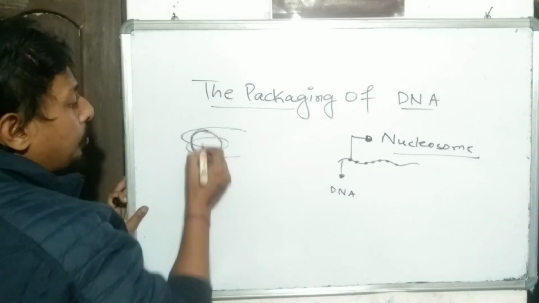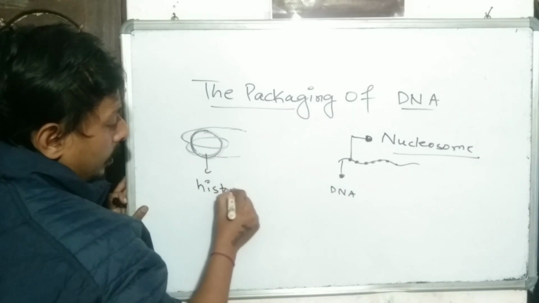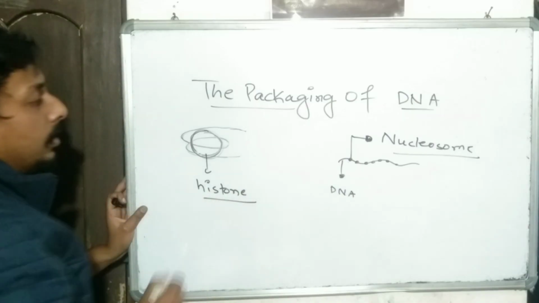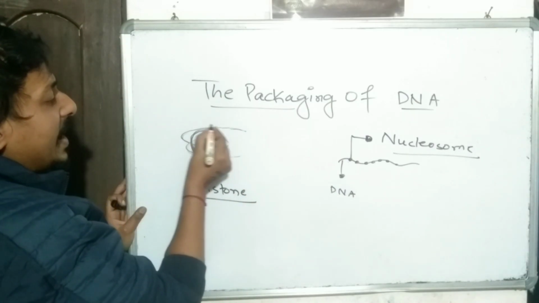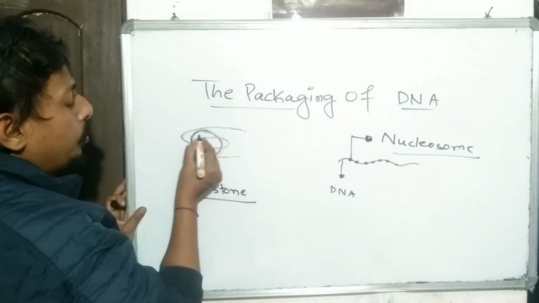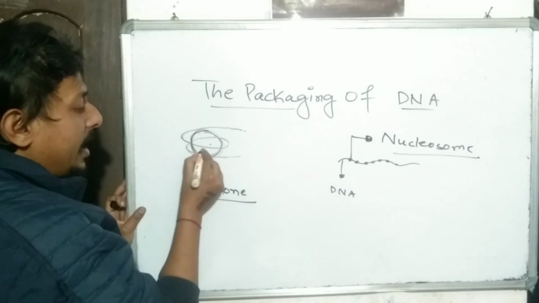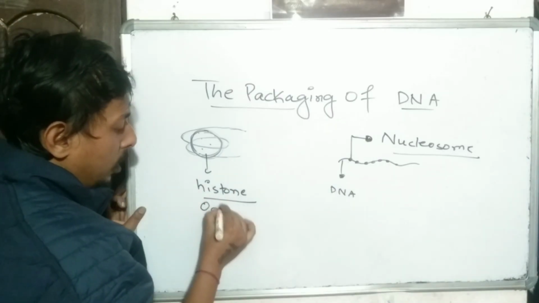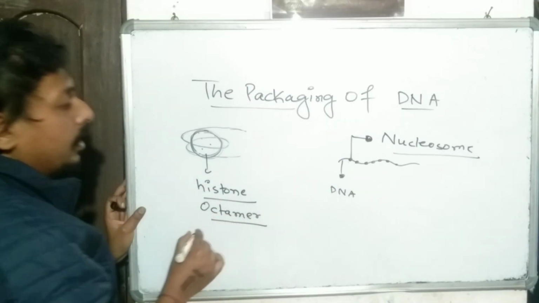This is a protein, called histone protein. The long thread of DNA wraps around this histone protein like this. This histone protein is called the histone octamer. There are two kinds of histone protein.